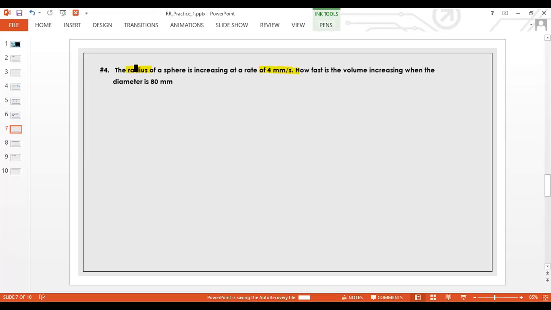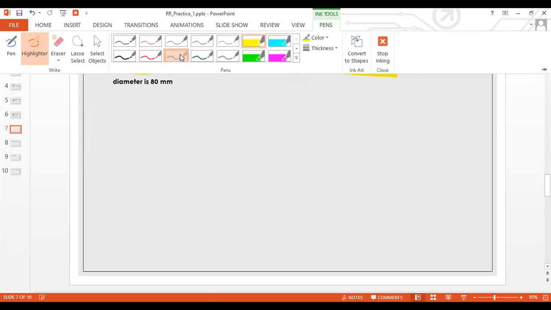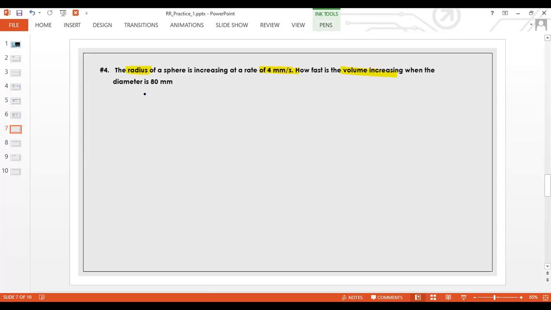The radius is increasing at 4 millimeters per second. We want to find how fast the volume increases, so dV/dt. This is what we are looking for, right? So what is the 4 millimeters per second?